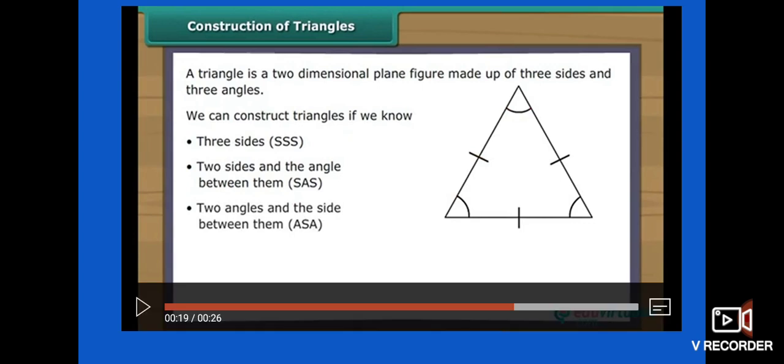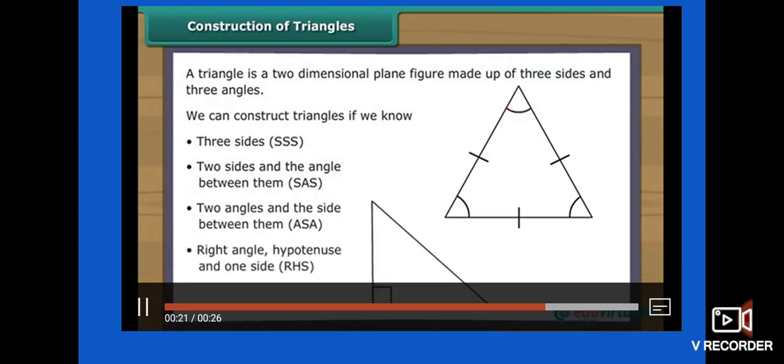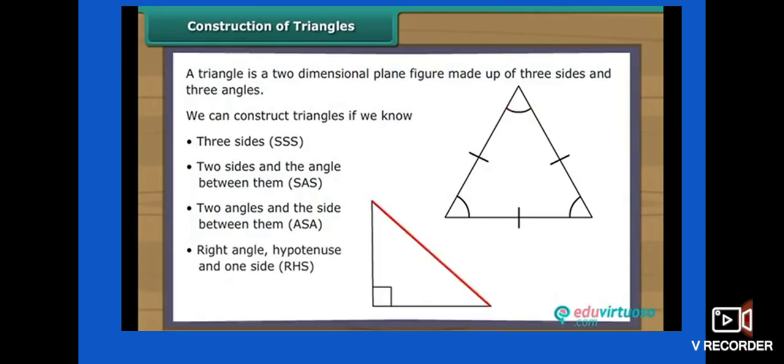And the fourth and last option is right angle, hypotenuse and one side, RHS. RHS is only for a right angled triangle, that is a 90 degree angled triangle. If 90 degrees, the length of the hypotenuse and the length of one side are given, then we can construct a right angled triangle.